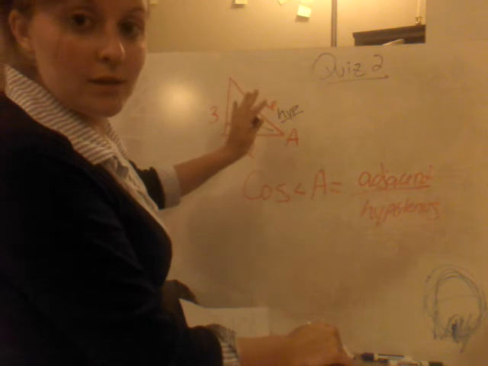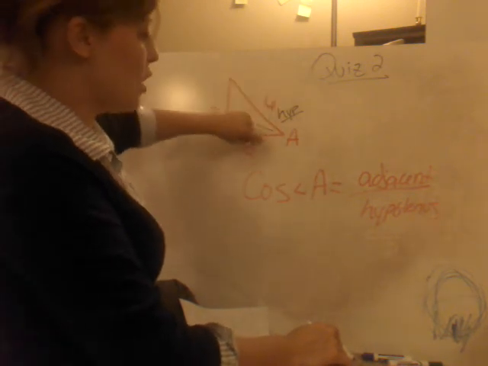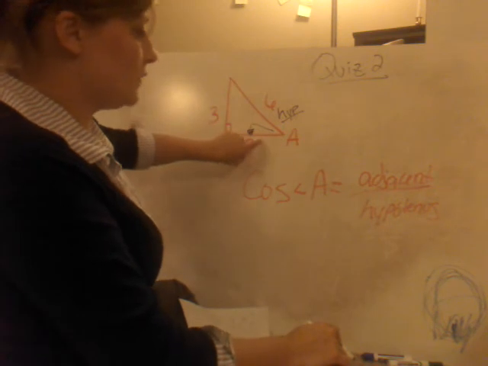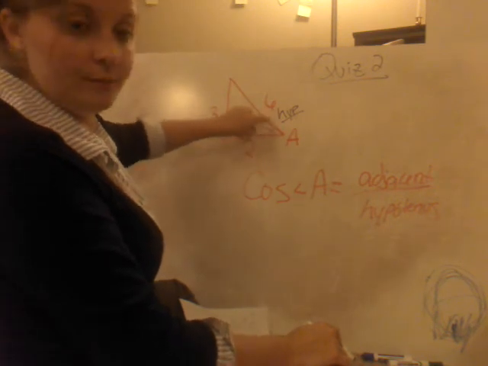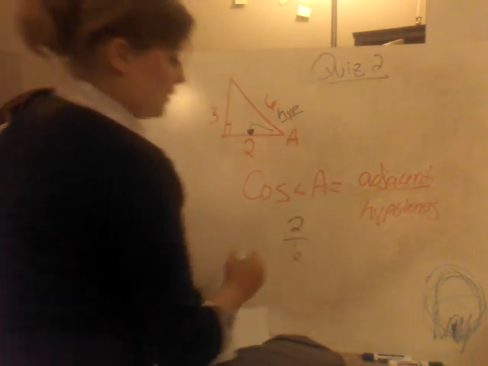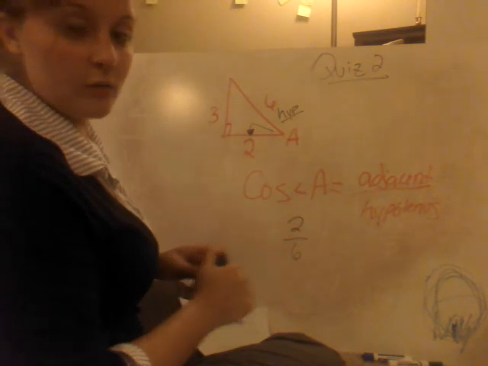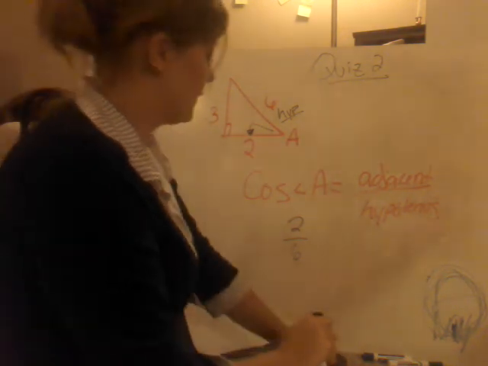No, because we're wanting to find the angle here. We're predicting the angle based off of this side and this side. So my cosine will be 2 over 6. And that's how I want you to keep it. I don't want you to break it down or reduce it. I want 2 over 6.